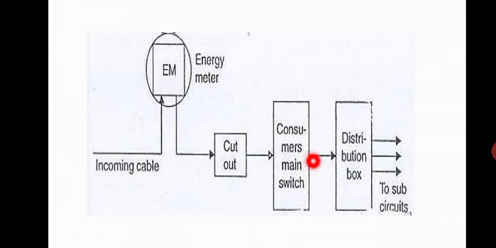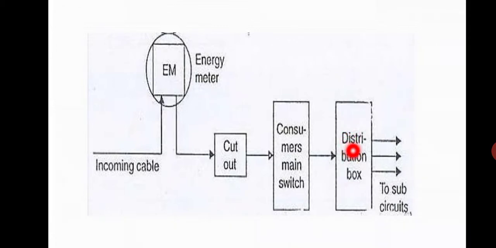From the consumer main switch, the supply goes to the distribution box, where it will be distributed. The distribution box consists of different sub-circuits. One sub-circuit will be controlled by one MCB, the miniature circuit breaker. So if you have 10 sub-circuits in a home, you will roughly have 10 MCBs in your home.